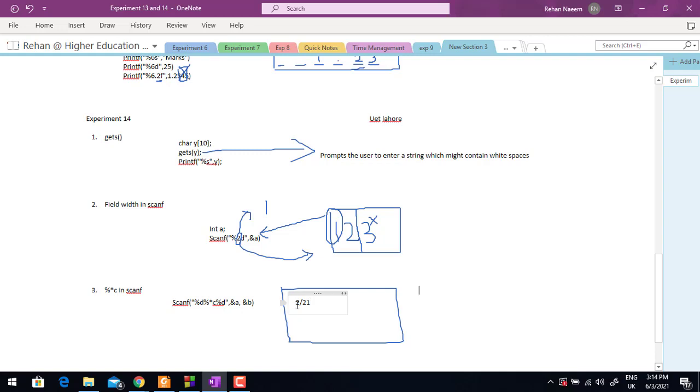This is the input which I will enter when I am prompted by this scanf statement.